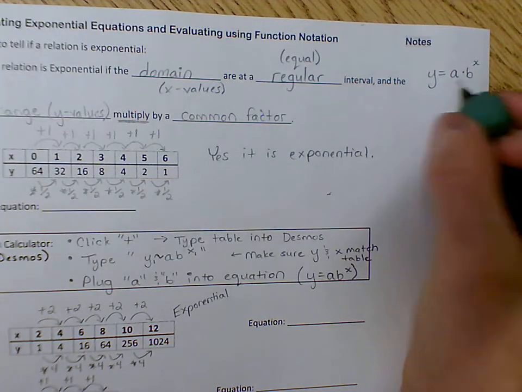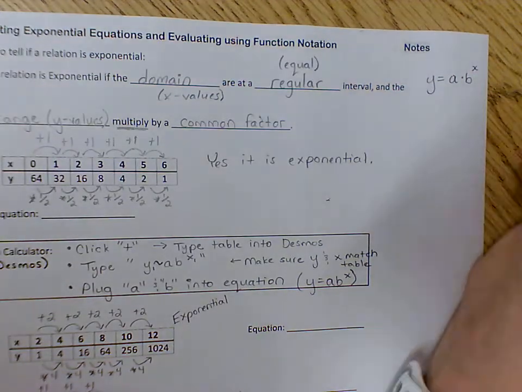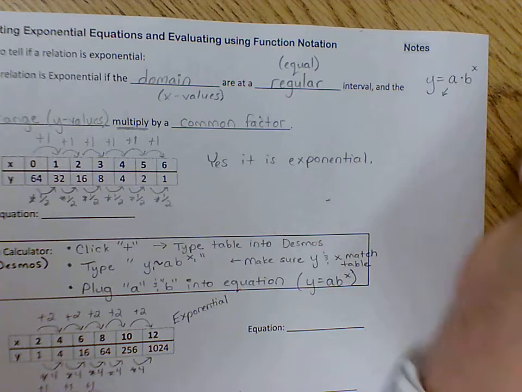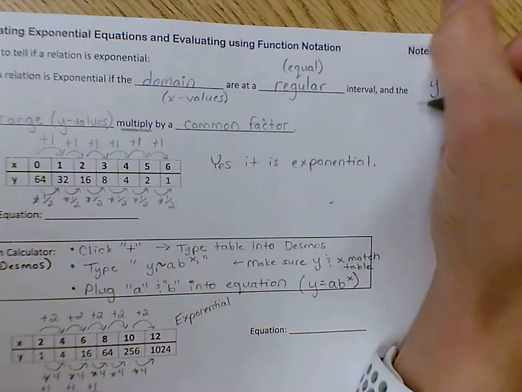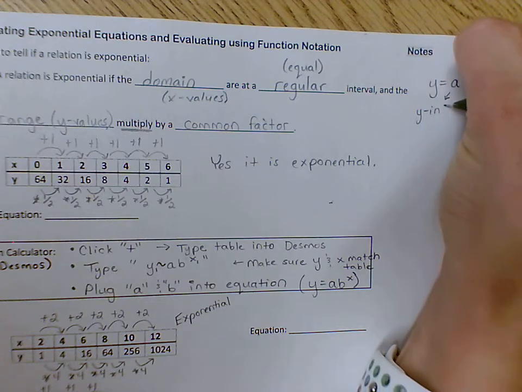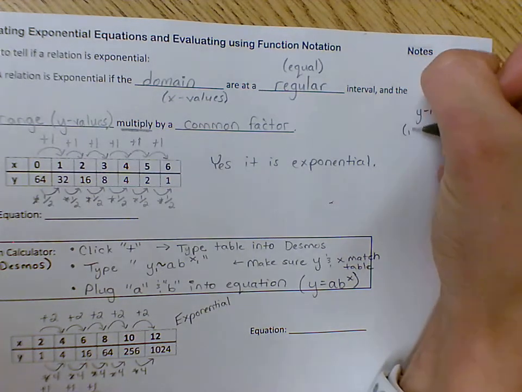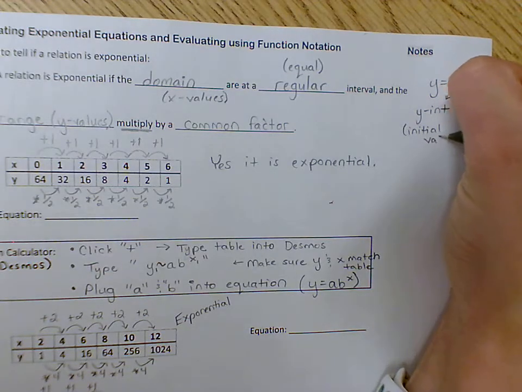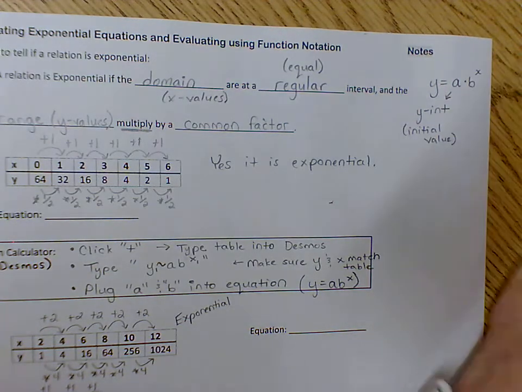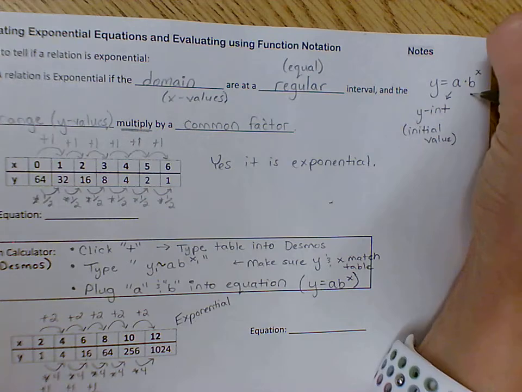Well, if you think back to the other day when we talked about this equation, remember, in real world problems, A is what it starts with, or this is your y-intercept in the graph, and in a real world problem, it's your initial value. It's what it started with, okay? And so that's going to come into play here. And then B is your factor.